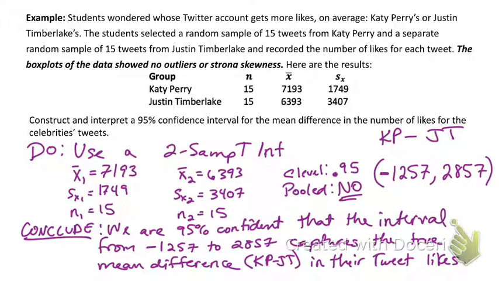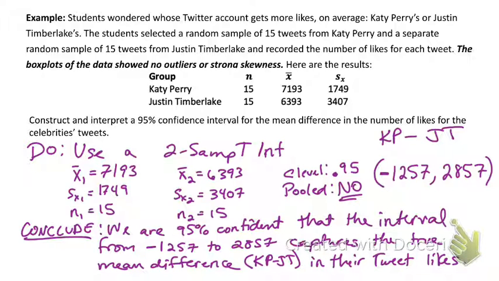Now, the whole problem was about, is it possible for them to have the same average number? And the answer is yes, it's possible because of the fact that zero's in the interval. Okay, so we're going to answer that follow-up question here in just a second. Does everybody have this? Can I erase it?